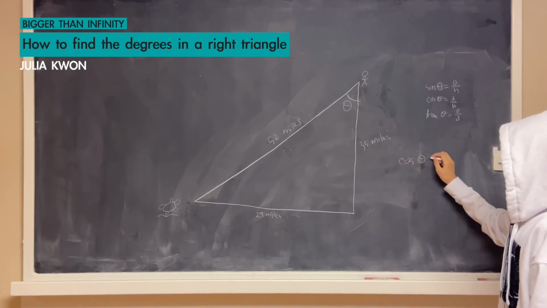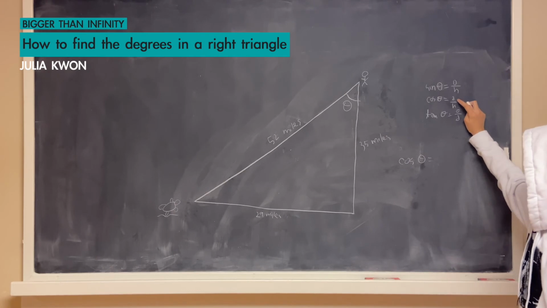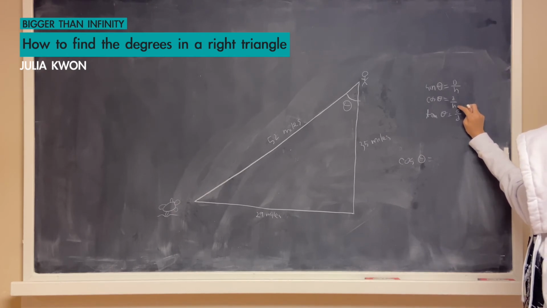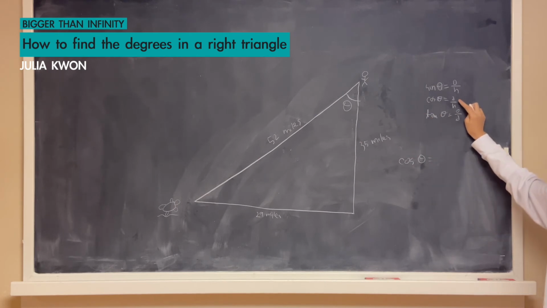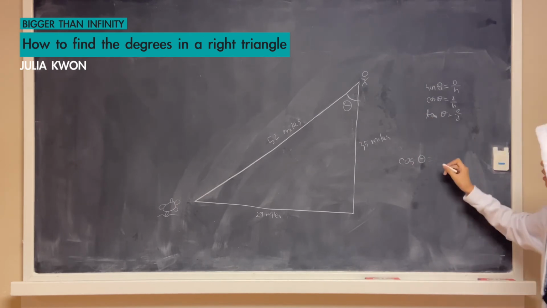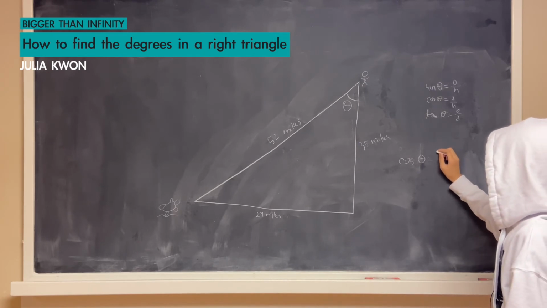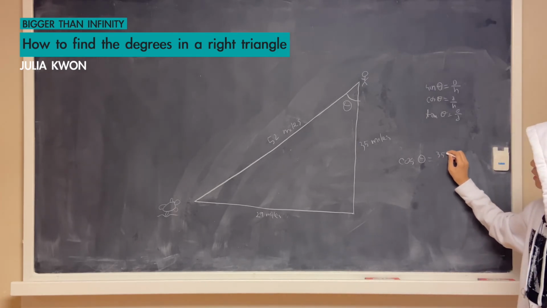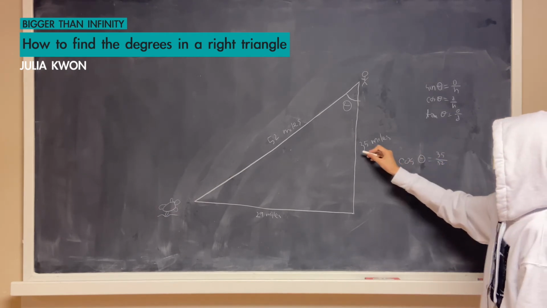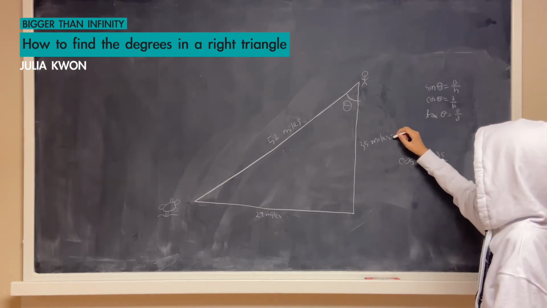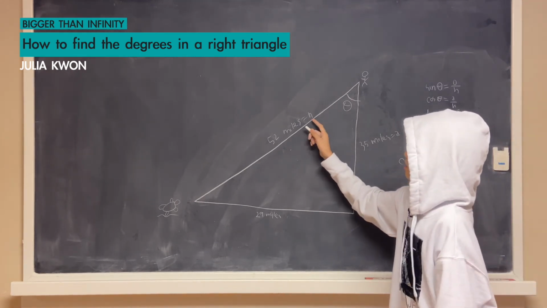So cosine theta is equal to the adjacent over the hypotenuse, and so if we put in the values for the adjacent and the hypotenuse, we would get 35 miles over 52 miles, since this side is the adjacent and this longest side is the hypotenuse.